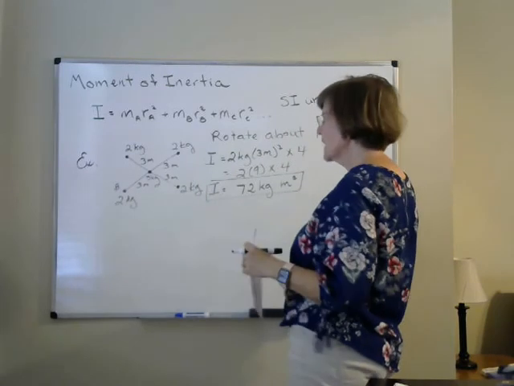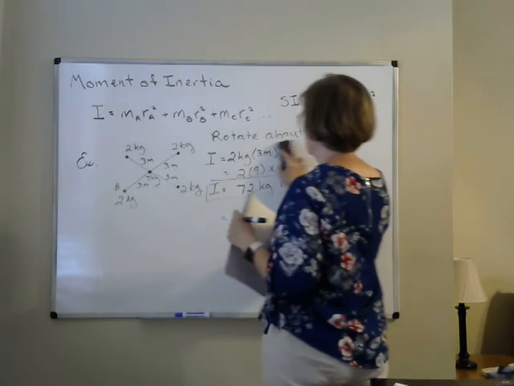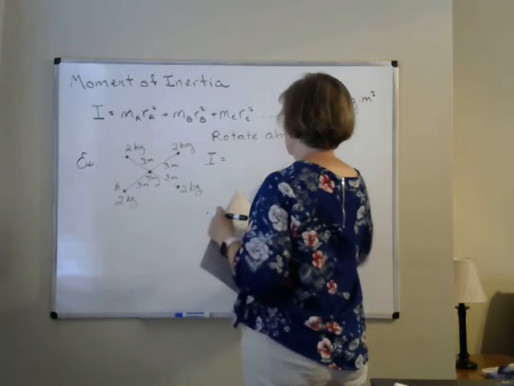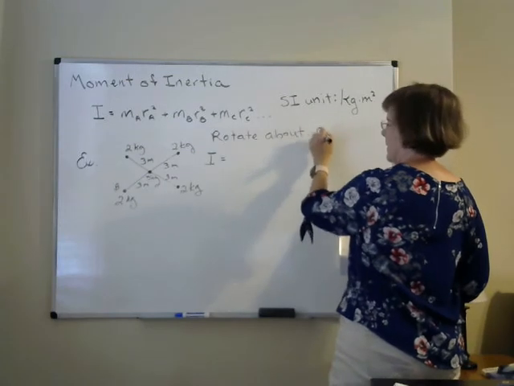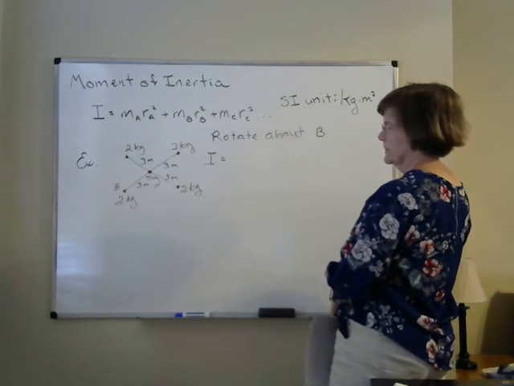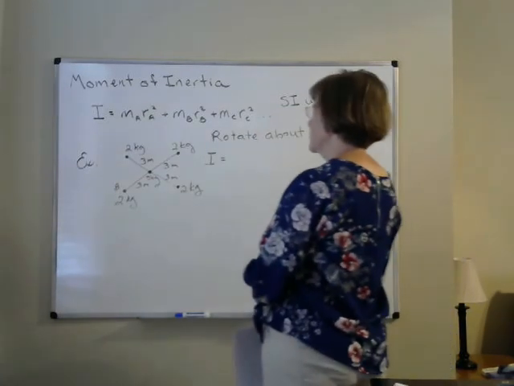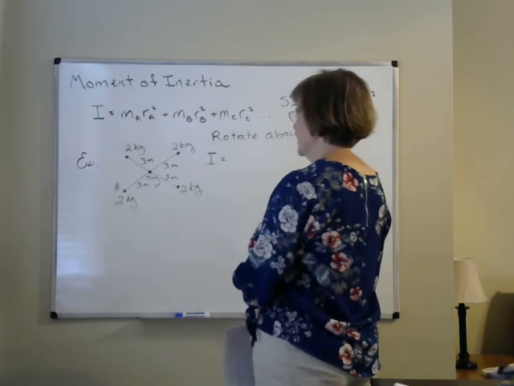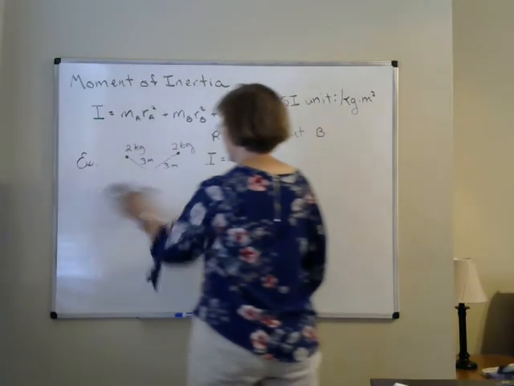This will be a slightly different problem. So if we rotate about point B, I'm not sure I even really want to do this problem, but we could, because I don't know these angles. I'll tell you what, let's change this up just a little bit.